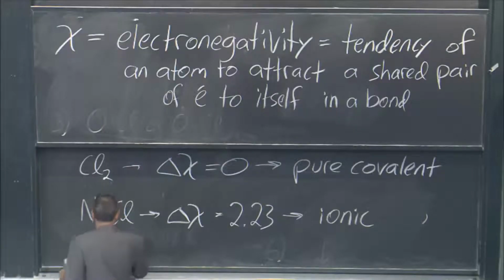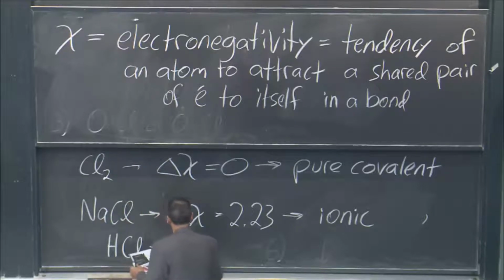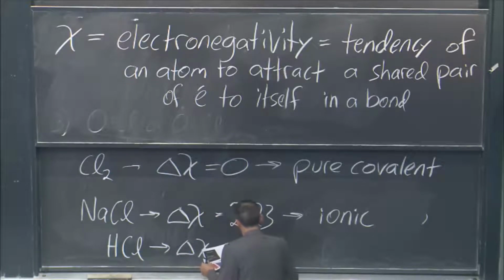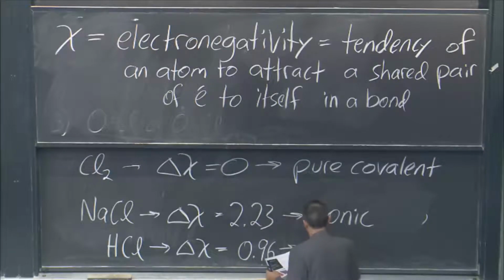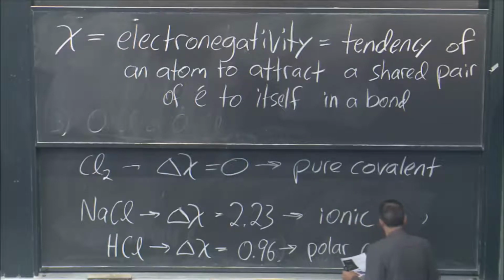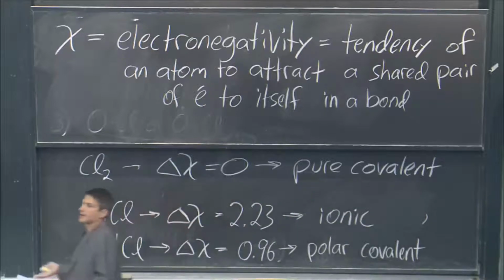So for example, HCl, so these are all with the same atom, chlorine, but here delta chi is equal to 0.96. So this is called polar covalent. Okay? So this is also partially ionic, right?